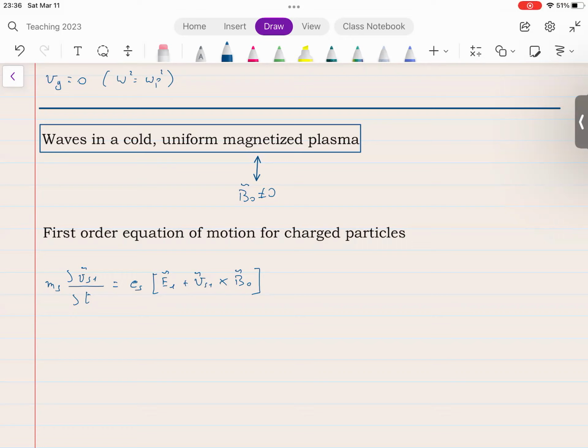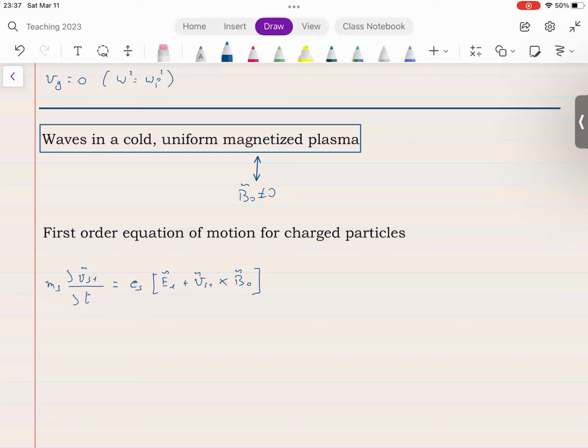In the case where there was an equilibrium velocity, then I would have a term V0 B1. But in this case, the only term where the magnetic field appears in the equation of motion is through the equilibrium magnetic field.